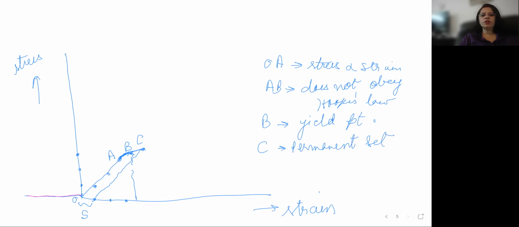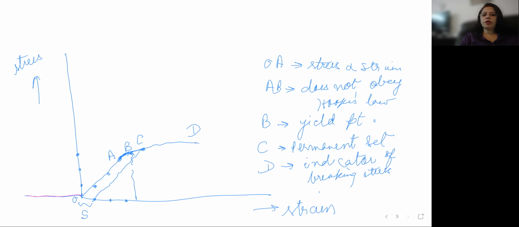Now, if I am giving more stress, what will happen? The wire will become very thin. And at a point D, this is the indicator of breaking stress. Because it has become very, very thin, it breaks.